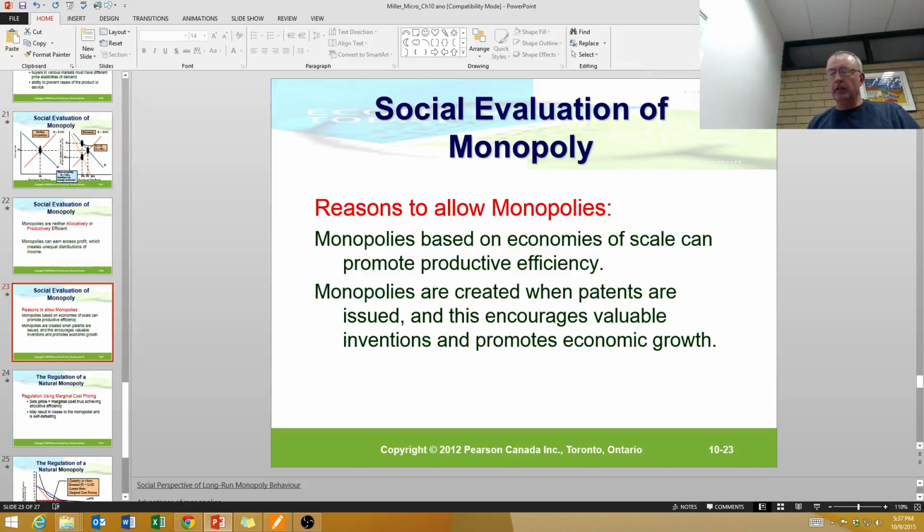Okay, so again, looking at the social evaluation of monopolies, even though there are some drawbacks of monopolies, we also have some advantages of monopolies.